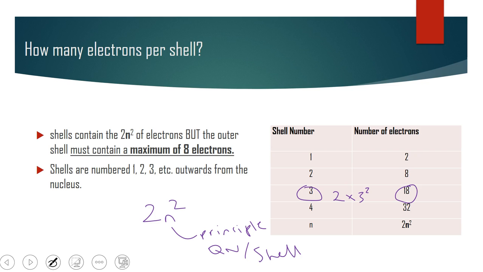If we're in shell 4, then we can have 32 electrons, and so forth. The shells are numbered 1, 2, 3 outwards from the nucleus, and this determines the maximum number of electrons that each shell can hold. So shell 1 holds 2 electrons, shell 2 holds 8 electrons, which is 2 times 2 squared, and so forth.